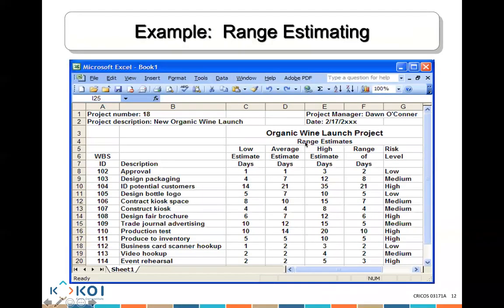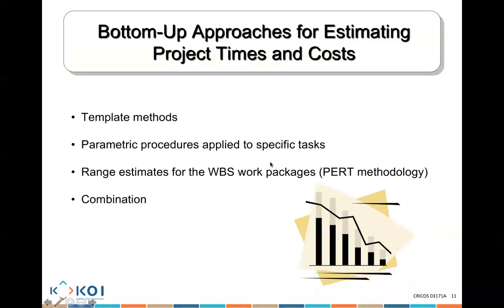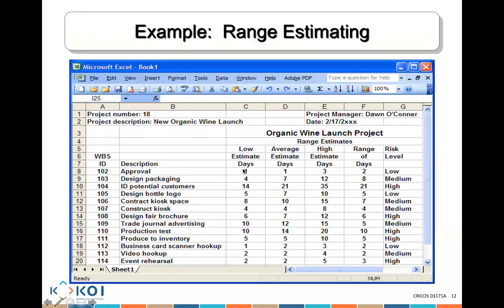This is an example of the PERT method, which is what we're calling here a PERT methodology. So you have a low estimate, an average estimate, and a high estimate: pessimistic, optimistic, most likely estimate. Through a formula that uses all of those three calculations, we'll be able to get a specific estimate for every particular task.